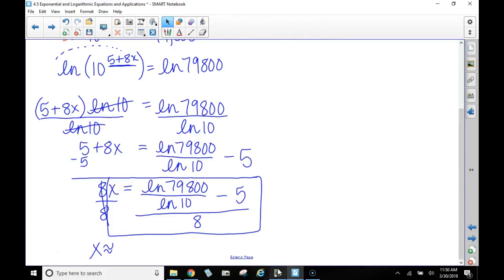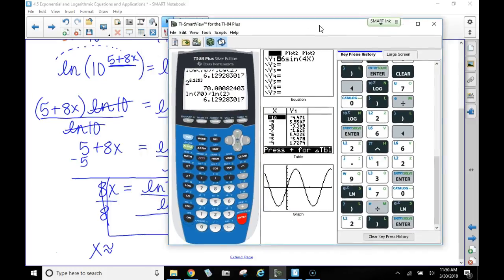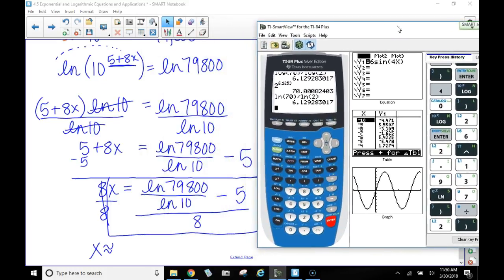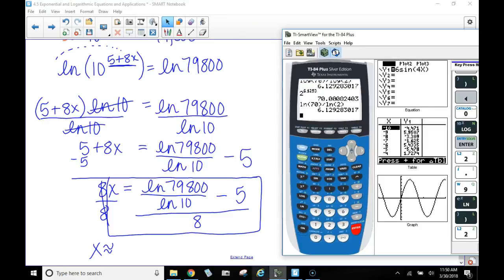So, going to my calculator, I'm going to move it over so I can actually see what I'm supposed to be punching in here. First, I want to find the natural log of 79,800. Oh, I got too many zeros there. All right, there we go. I'm going to divide that by the natural log of 10.